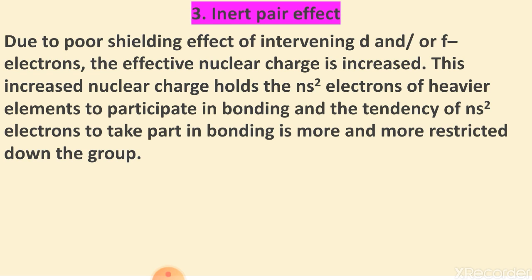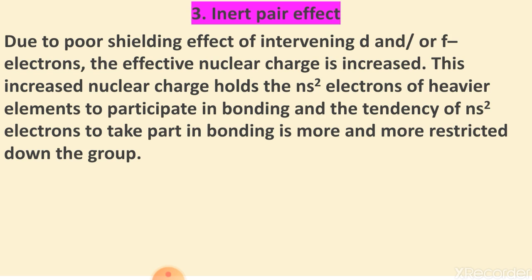This is basically due to the inert pair effect. That means the ns2 electrons do not take part in the chemical combination. That's why the lower oxidation state stability increases, but the higher oxidation state stability decreases down the group.